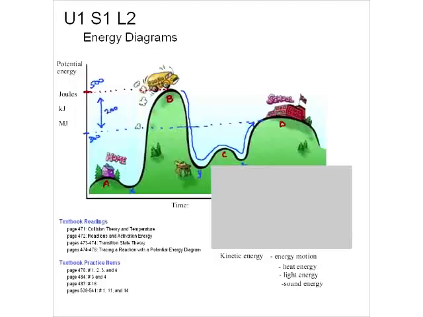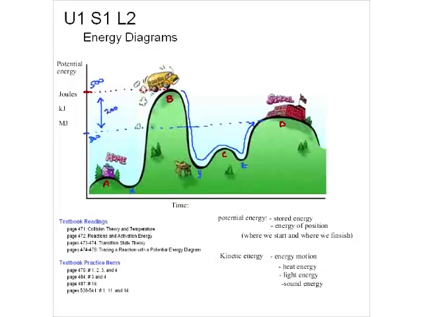There's another form of energy here that's represented by the bus, and that would be potential energy, or positional energy, in which case the bus would have a certain amount of gravitational potential energy with respect to different points on the graph.